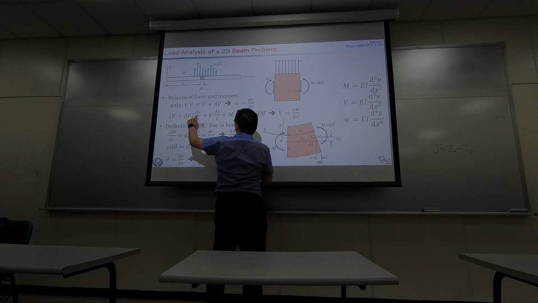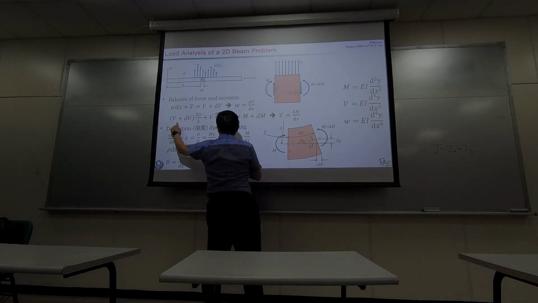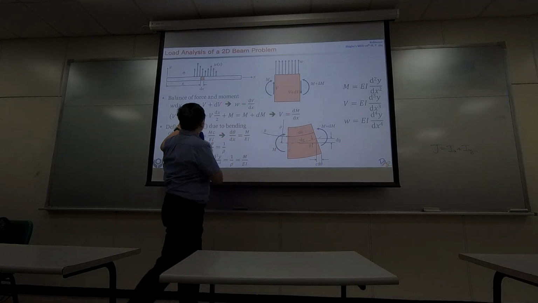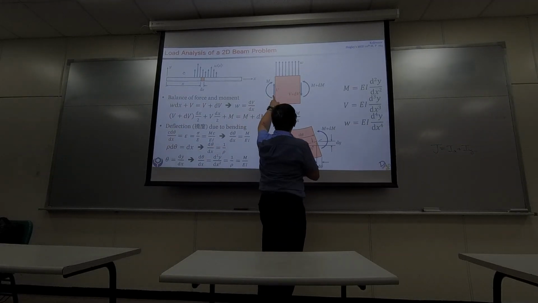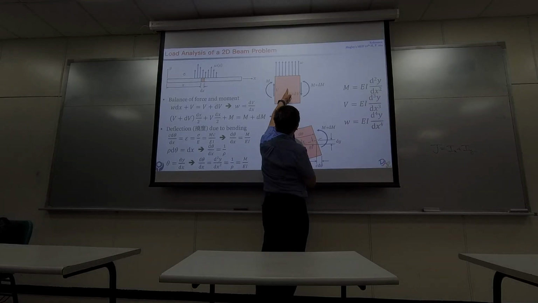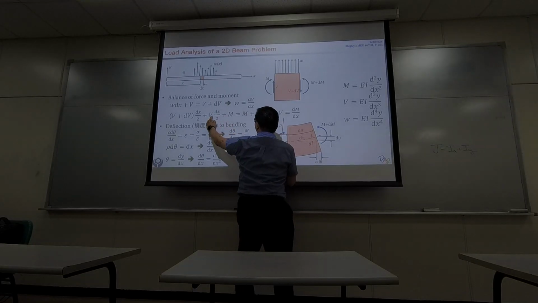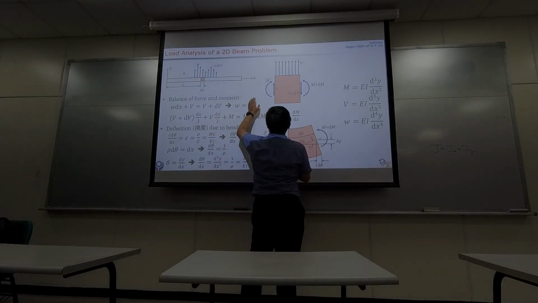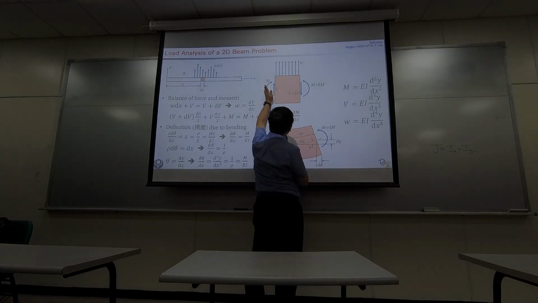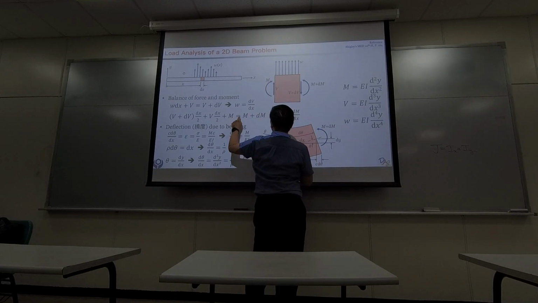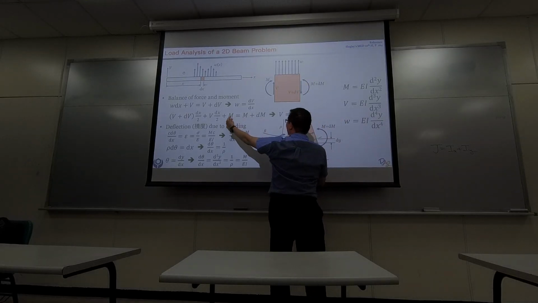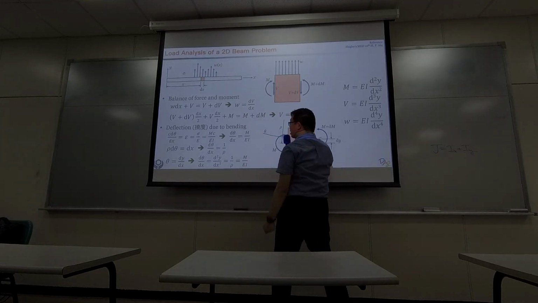So half of dx times the force, that's clockwise, plus this V similarly will generate a clockwise moment about this point, also clockwise. So (V plus dV) times dx over 2. And this moment M is clockwise, so it equals M plus dM, which is going counterclockwise, on the right hand side of the equation.